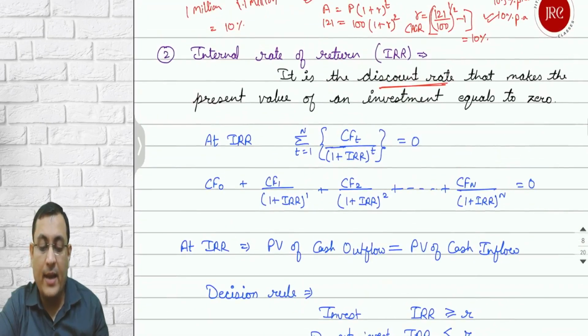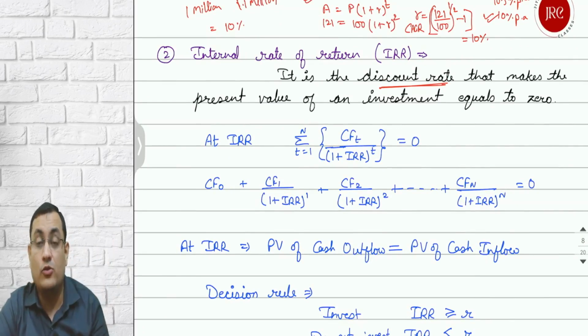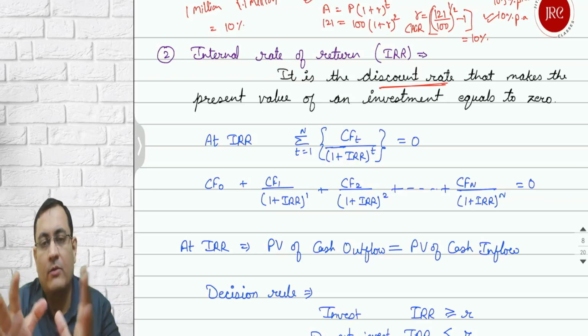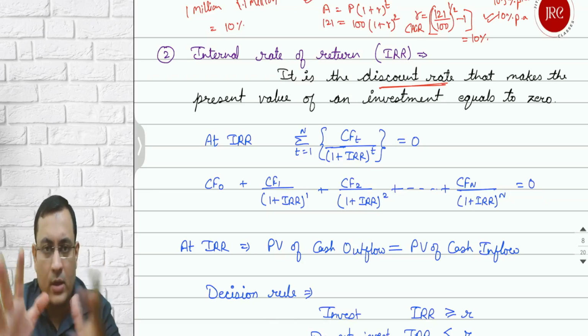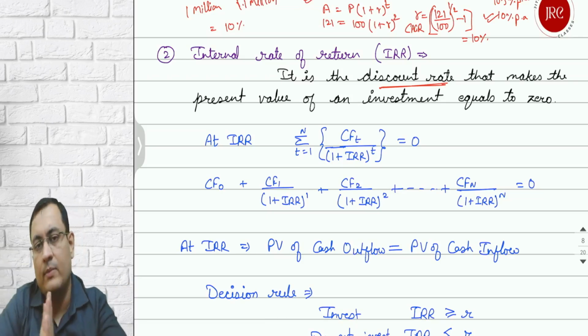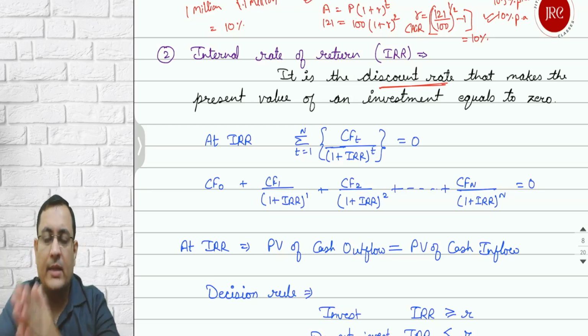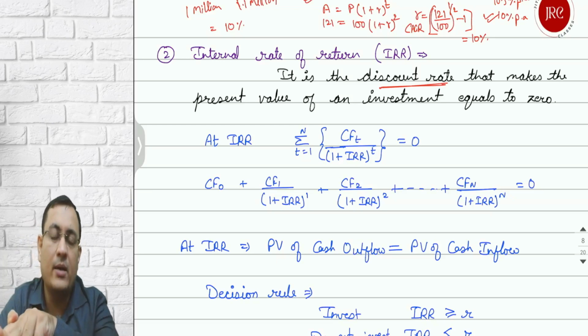What is IRR? IRR is the discount rate that makes present value of investment equal to 0. So what type of question will we be getting? We will be getting a simple question where cash flows are given, conventional, unconventional, and required rate is given, and they ask you to calculate NPV. Or they will give a situation that these projects are independent or mutually exclusive.